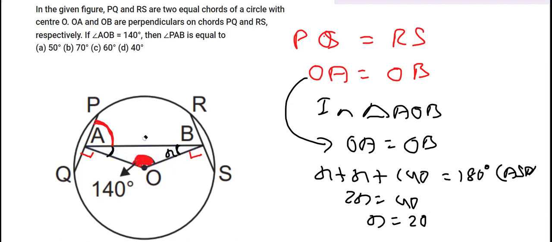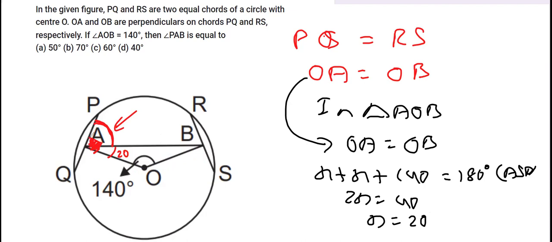I'll erase everything, and keep the angle we just obtained. We have obtained this angle as 20 degrees, and we have to find out this angle. Let's see this whole angle. This is 90 degrees, because OA is perpendicular to AB.